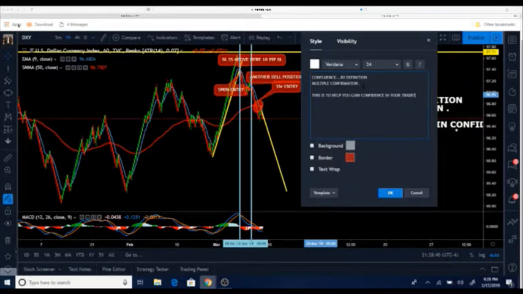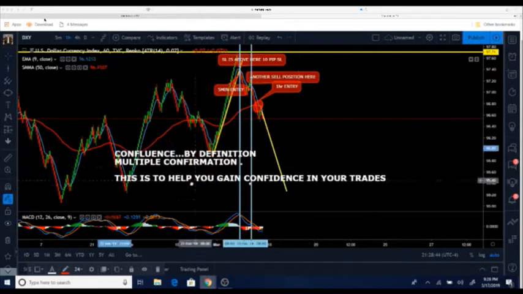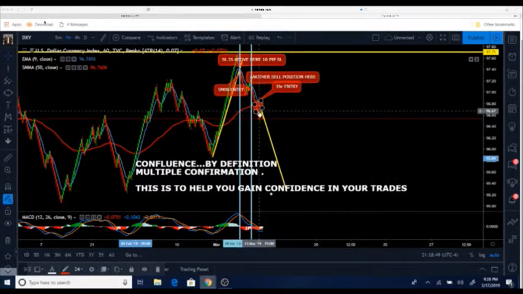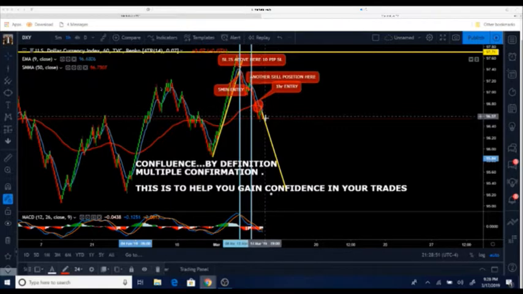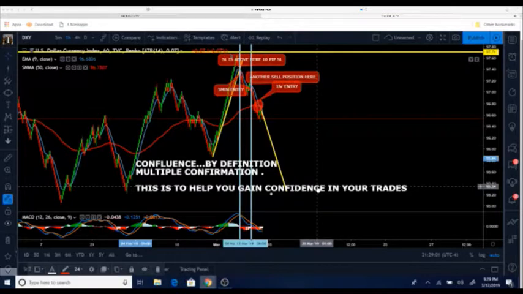Because without confidence in your trades, you don't buy or sell. You look at any successful trader, whoever your favorite trader happens to be, one thing they do not lack is confidence.